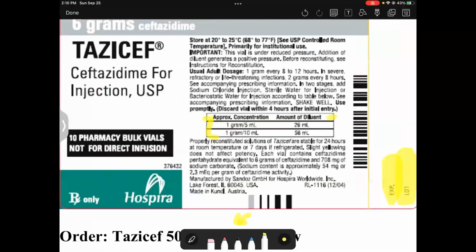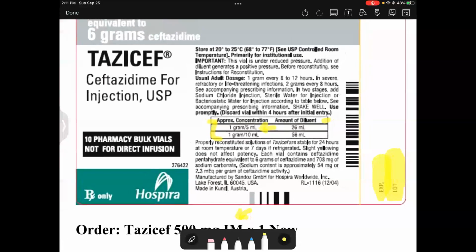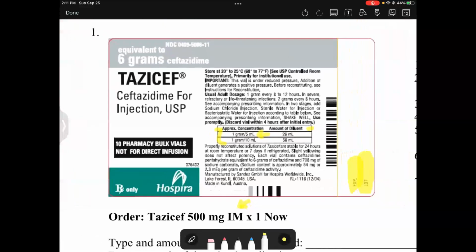We are given the option to add 26 ml or 56 ml. So if we add 26 ml, the final concentration will be 1 gram per 5 ml, while if we add 56 ml, we're going to have 1 gram per 10 ml. That's something that we have to think about when we're giving this medication, especially when we have to reconstitute it.